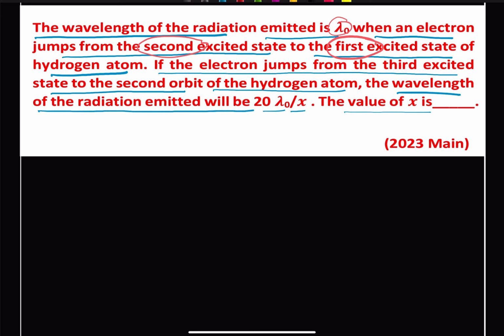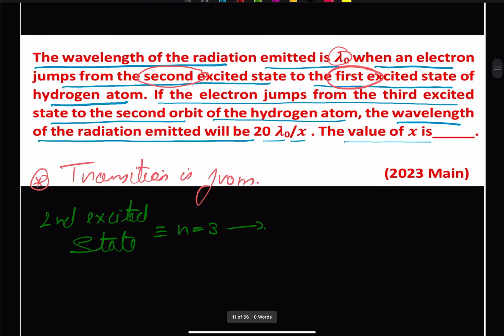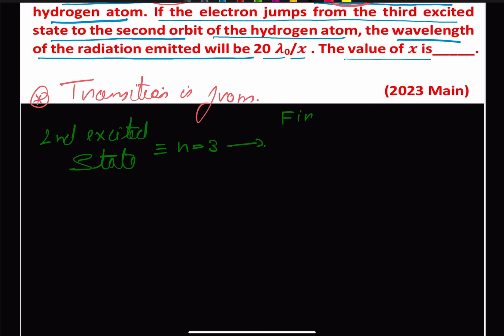Therefore, we can say that our transition is from, first you have second excited state, which basically means value of n is equal to 3, and it jumps to first excited state, which gives us value of n is equal to 2.